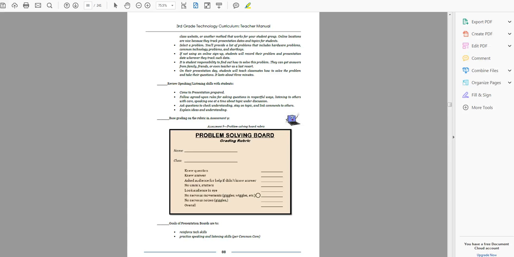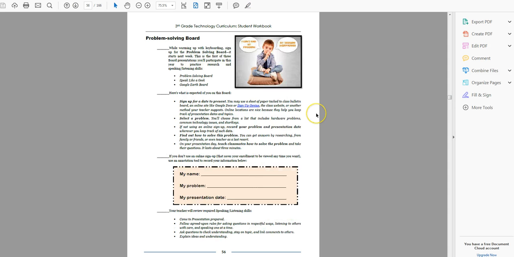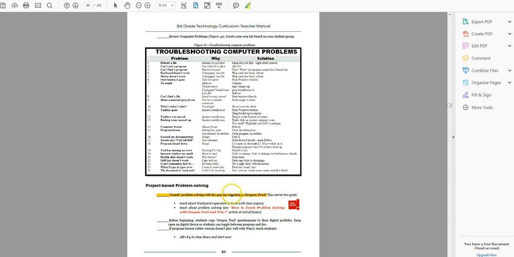You've already done it. Okay, the goals of the presentation board, you can see those. And they have thorough instructions here too, which I definitely recommend going over with them. But if they missed class, they've got it all right here in their workbook if you're using workbooks.